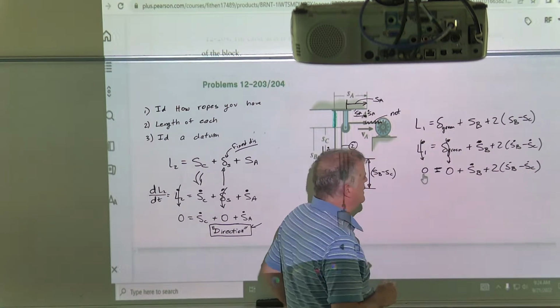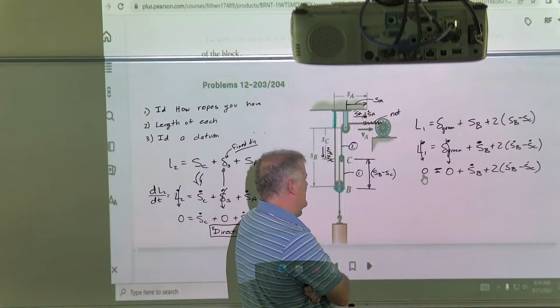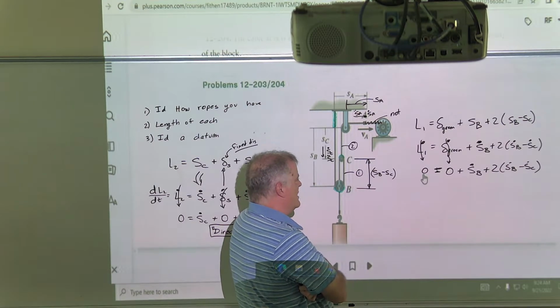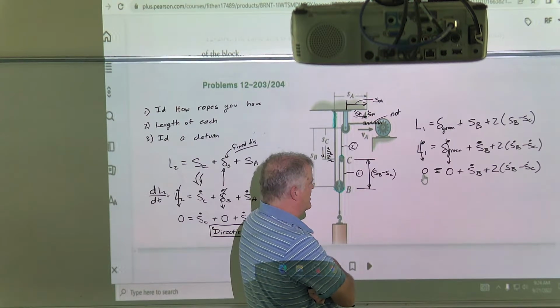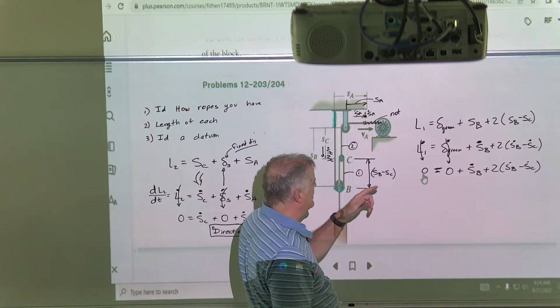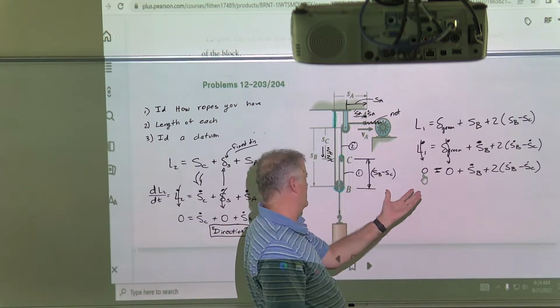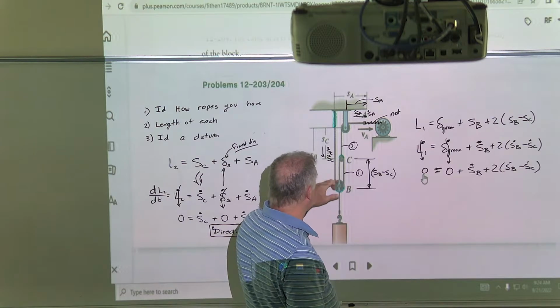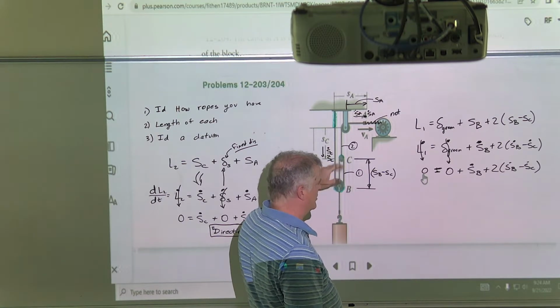That's it. What this is, is a relation between the B and the C, essentially the only two movable parts of this, the pulleys there.